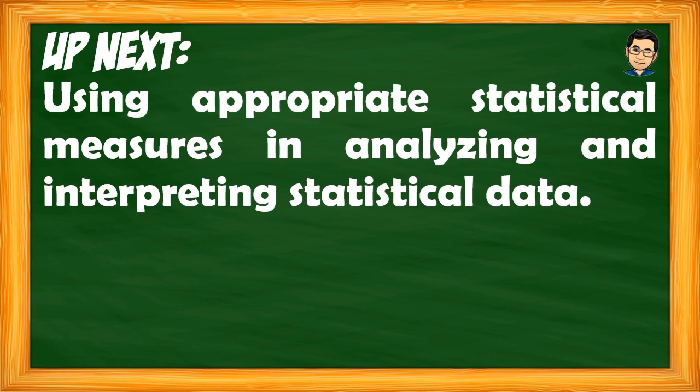Tandaan, hindi lahat ng gusto nating measures pwede dun sa problem. Siyempre, it depends upon the given problem. So, hindi naman lahat pwedeng gamitan natin ng mean, ng variance, ng standard deviation, ng mode. Depende po siyempre dun sa given problem. So, yun lang. Maraming salamat.